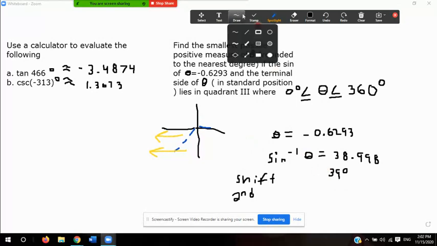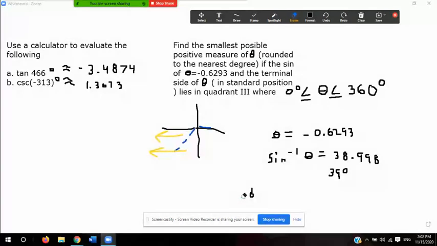So let's go ahead and do that. Let me erase this, because this is really irrelevant to the problem right now. So the next step is to add, and we're going to say alpha, which is what we call that angle. Alpha equals, in this case, 180 plus 39 degrees, which is what we got, the inverse sine of theta, or z.